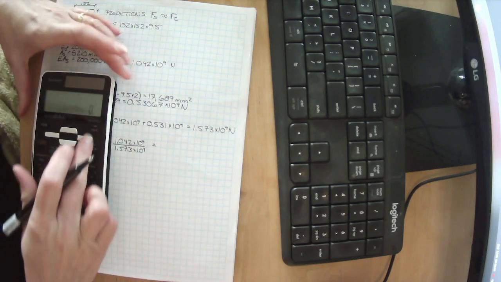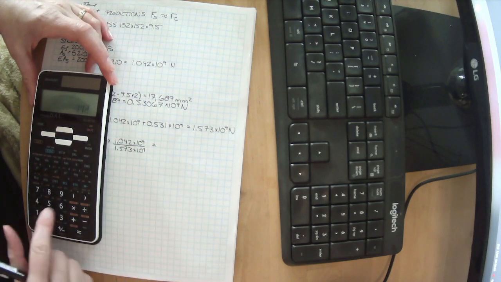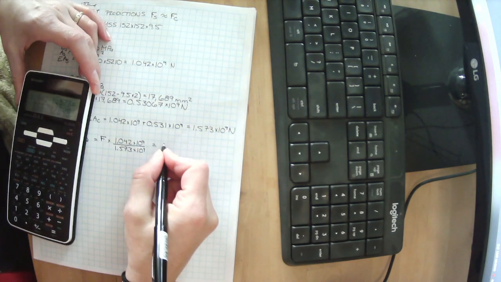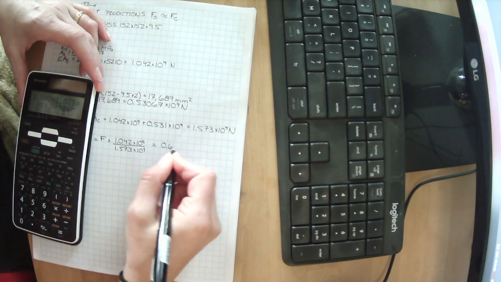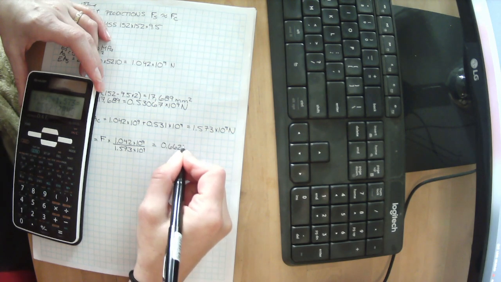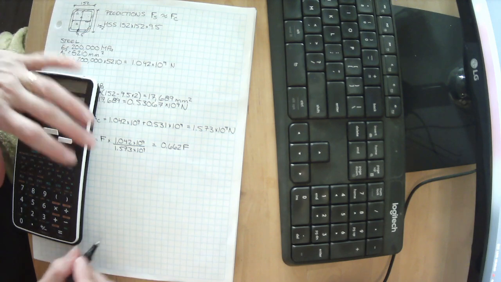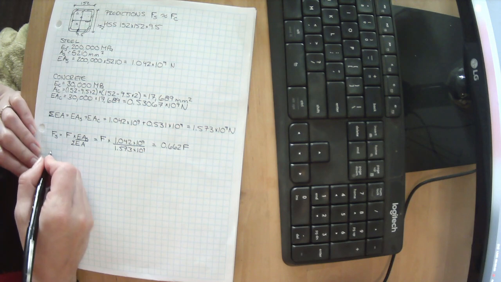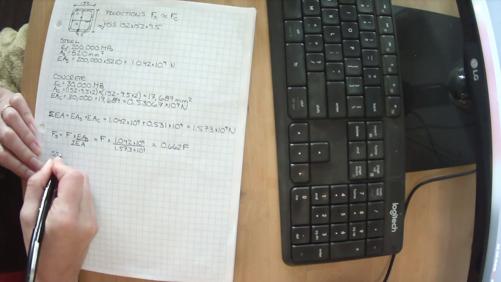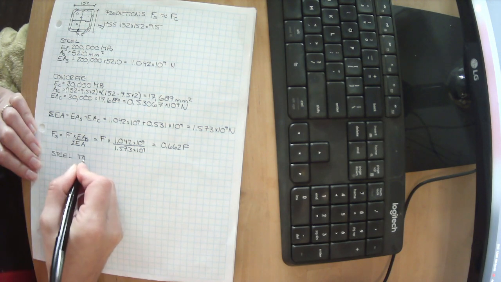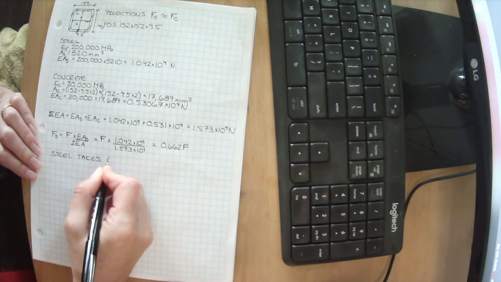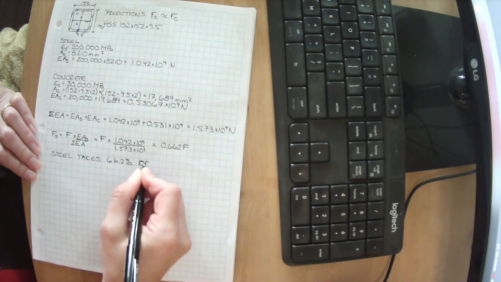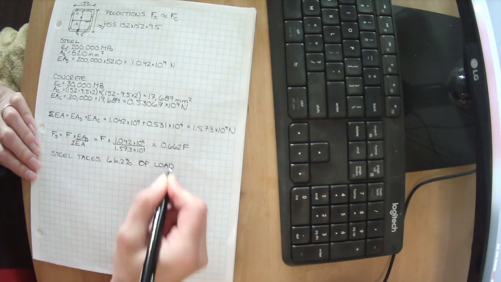We get 1.042 divided by 1.573. We get that 0.662 of the total load goes to steel. Or what we're saying is the steel takes 66.2% of the load.